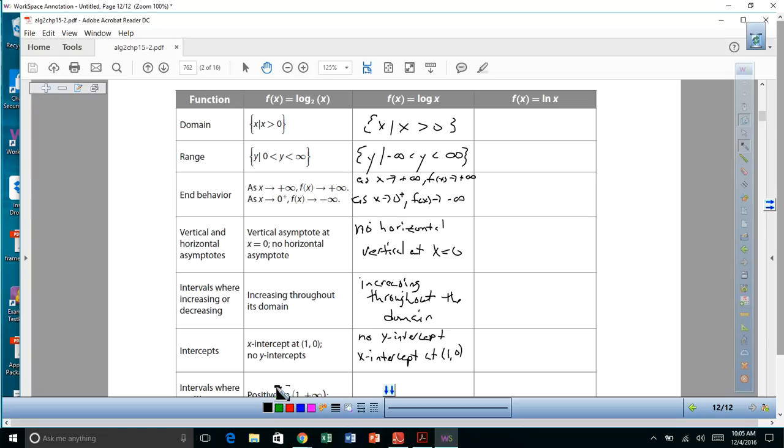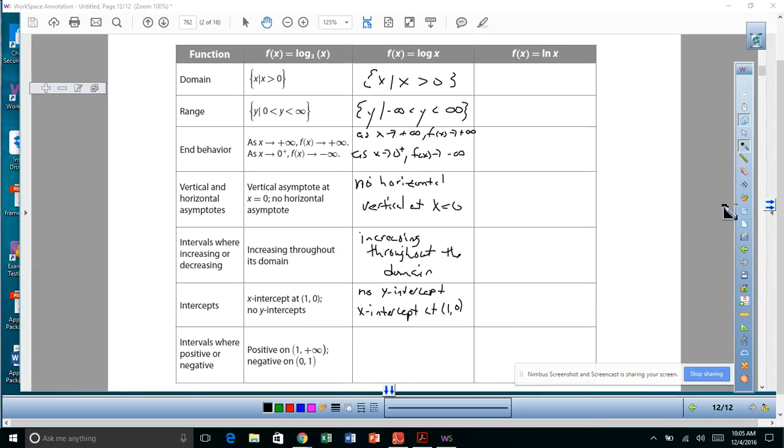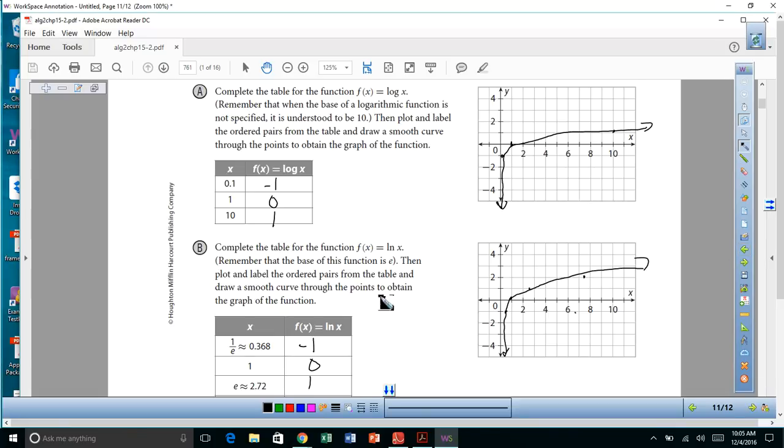Intervals where it is positive or negative: at x equals 1, it turns positive going to the right, and negative going down that way.